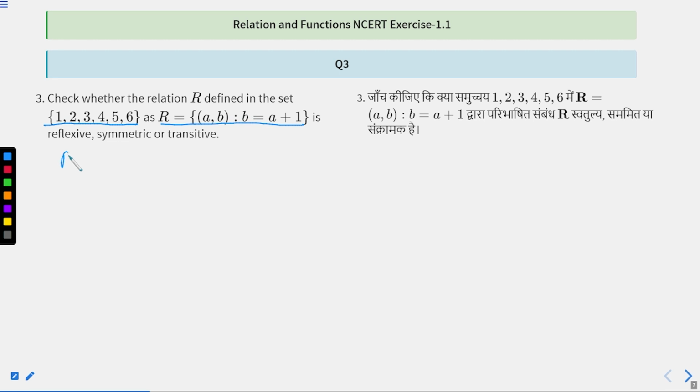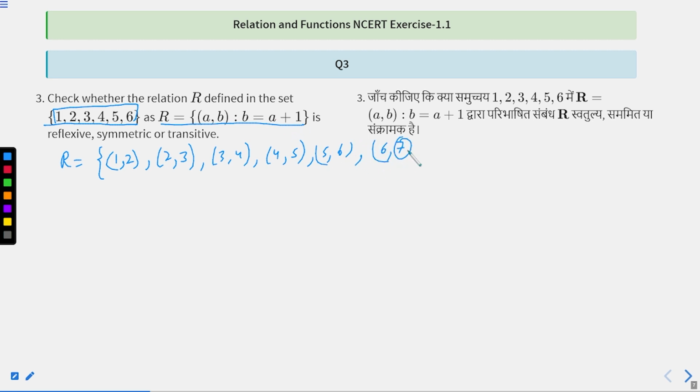First of all, let's list out all the pairs, taking A and B both from this set. Taking A as 1, B will be 2. A is 2, B will be 3. 3, 4, yes. 4, 5, yes. 5, 6, yes. And A can be 6, B is 7.